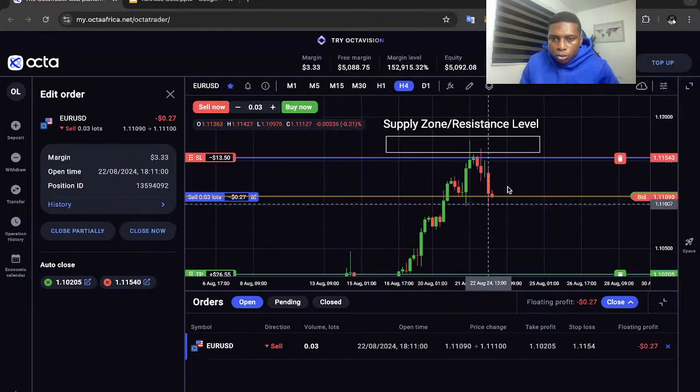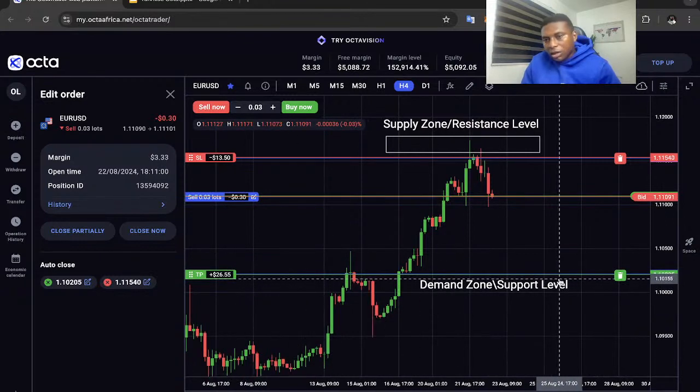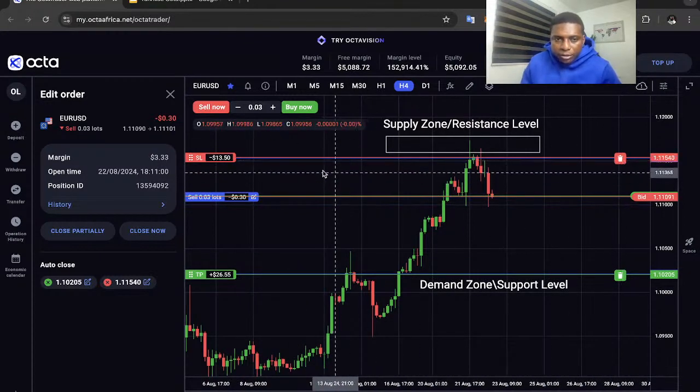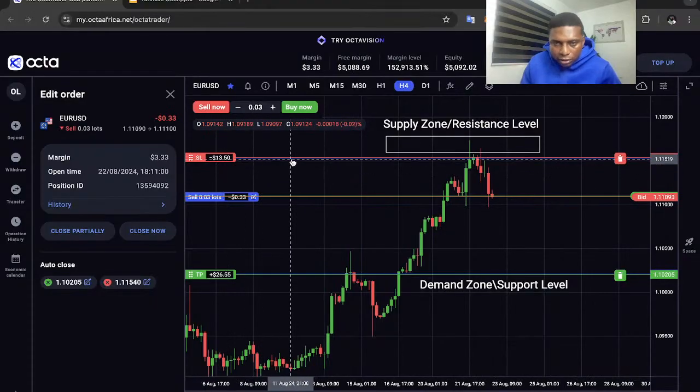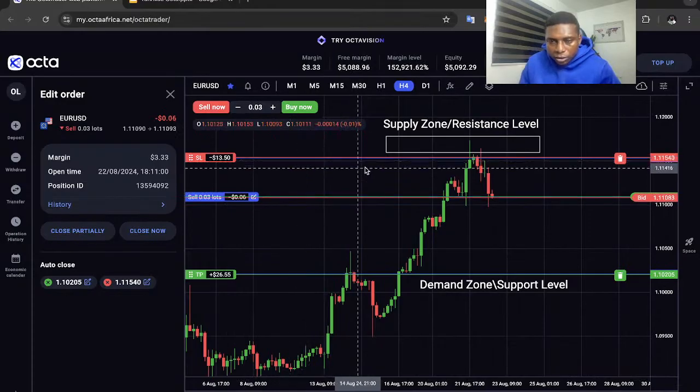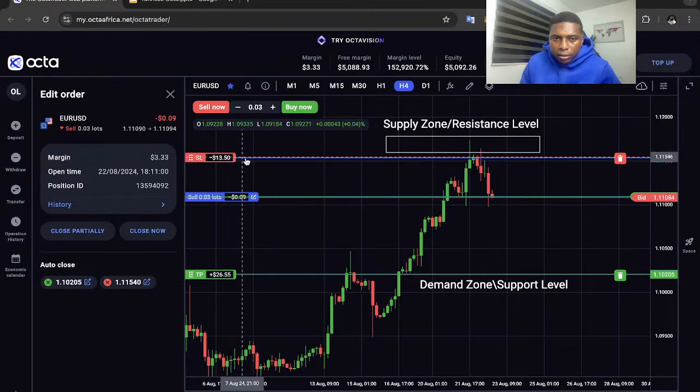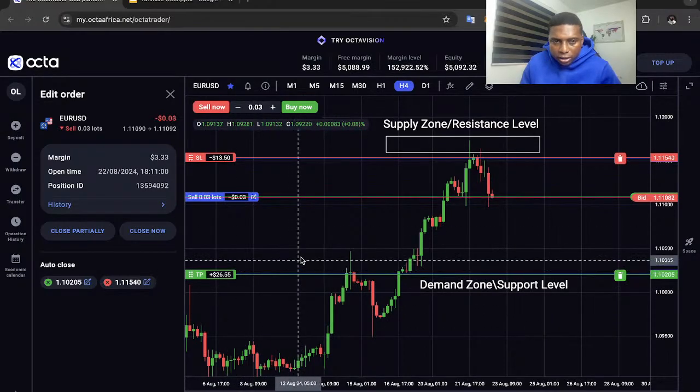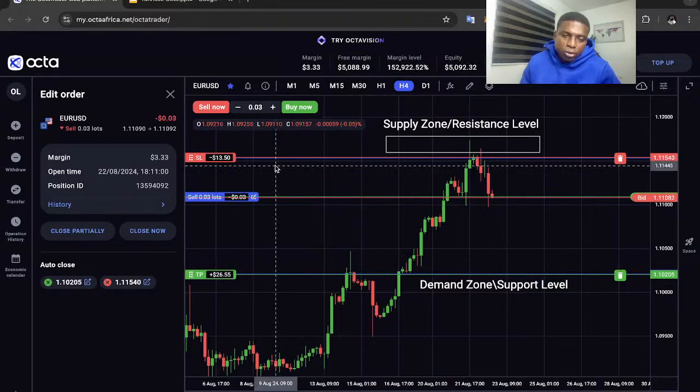All right. So what happens when price goes to the take profit level? It closes the market at $26 profit, and when it goes against me, it closes the market at a $13 loss. So this is more like my take profit is twice my stop loss, which is one of the ideal things.